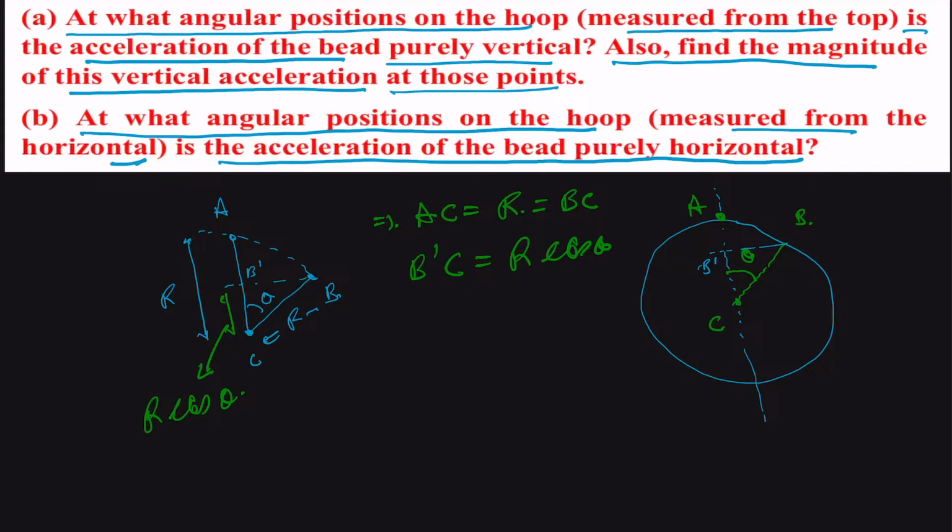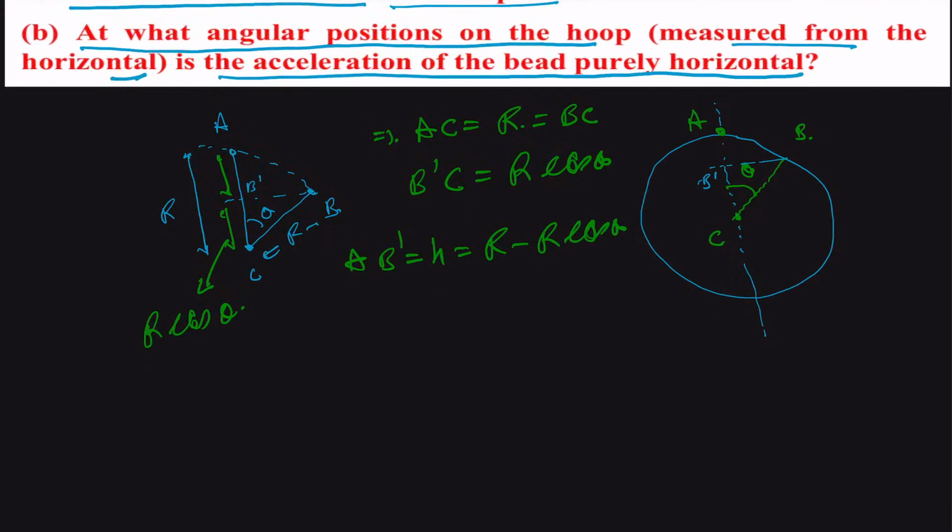Therefore the distance A prime B, which is given in the question as h, is equal to R minus R cos theta. In simpler terms, taking R common, h equals R times 1 minus cos theta.